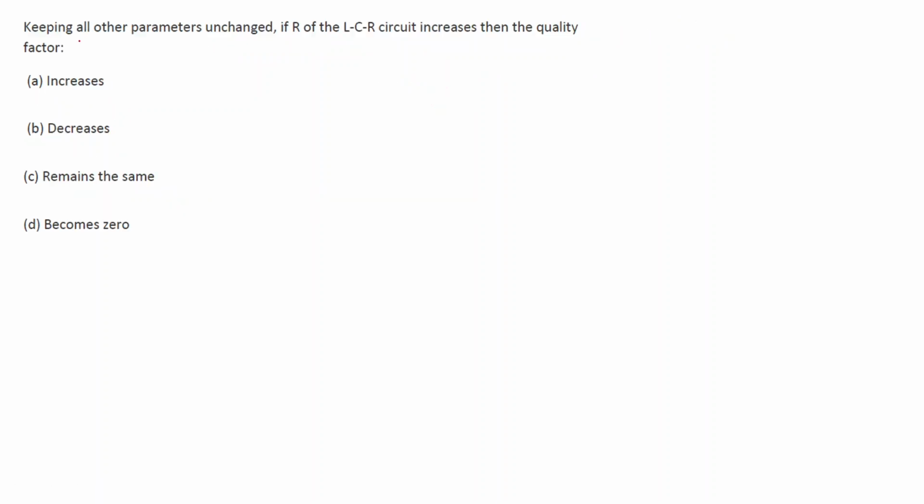Now the next question: keeping all other parameters unchanged, if R of the LCR circuit increases, then the quality factor. Quality factor, as I told, is the ratio of the inductive reactance or the capacitive reactance divided by the resistance.